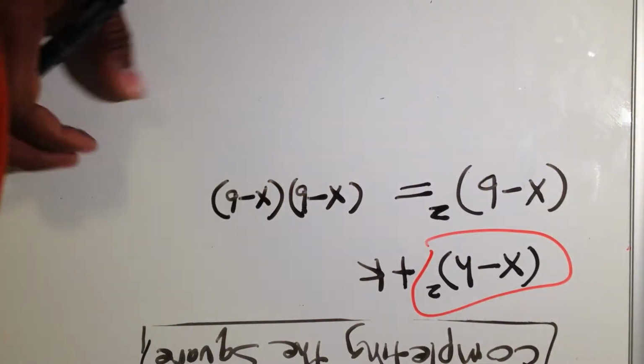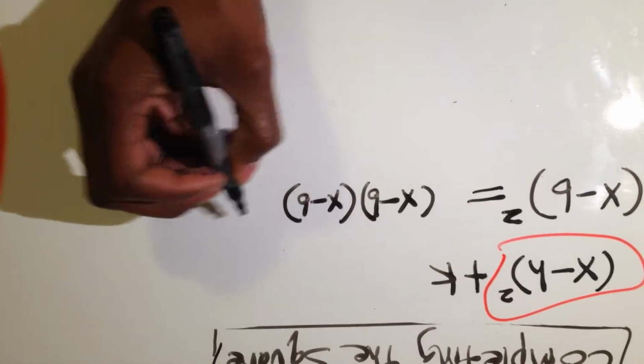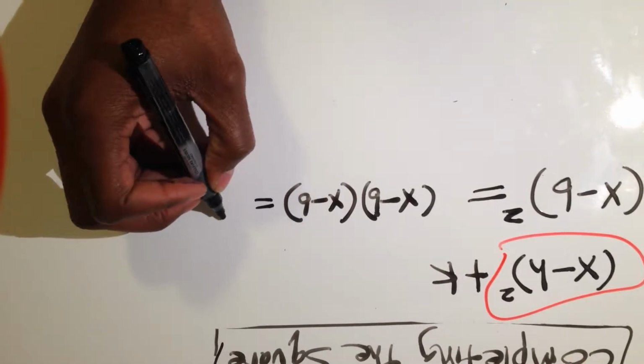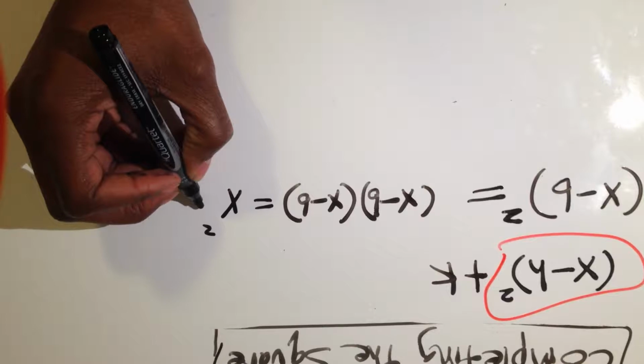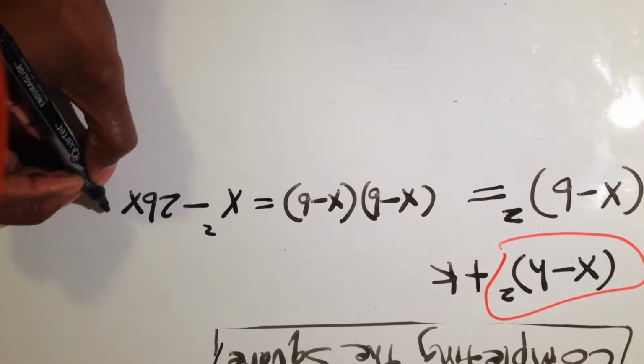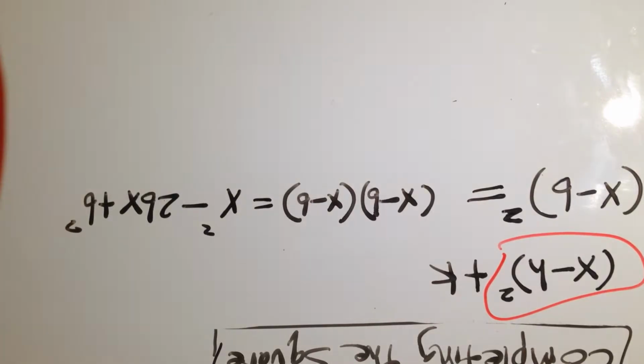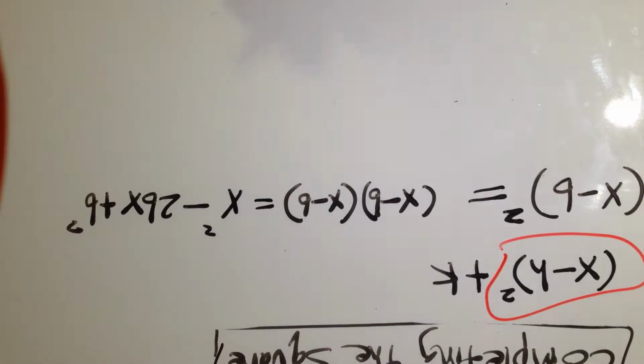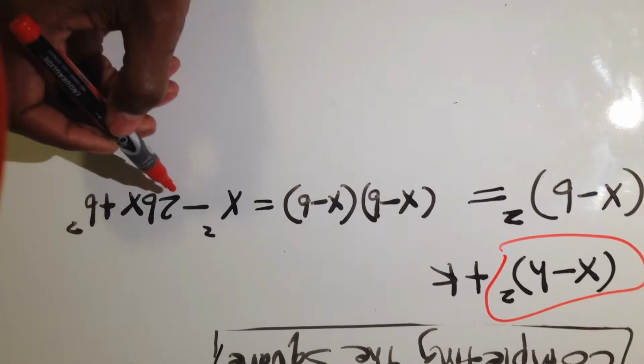You learned that, remember? And this will be equal to x squared minus 2bx plus b squared. And the book next goes to take this here.